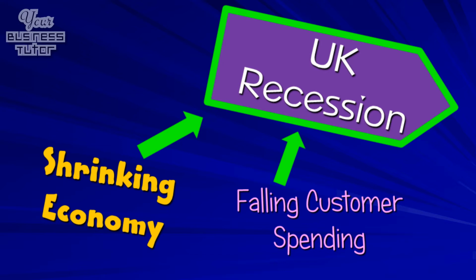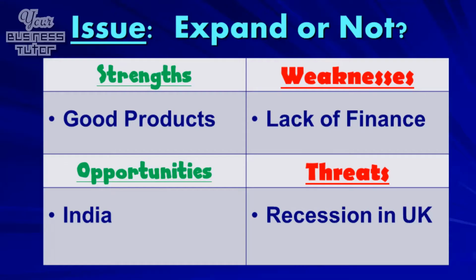Putting this all together, along with all the other strengths, weaknesses, opportunities and threats it identifies, the business will be in a position to create, as can be seen, a SWOT to support its decision making.